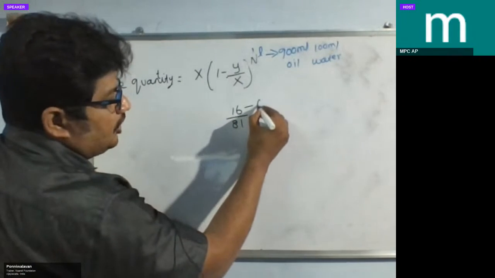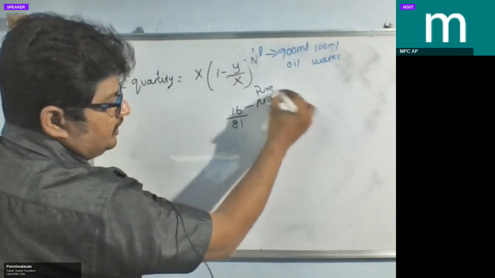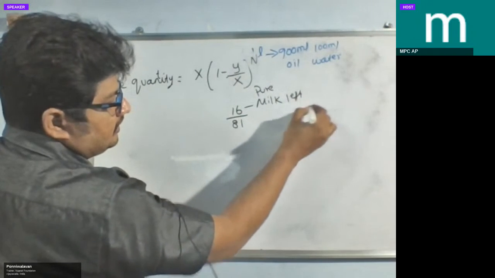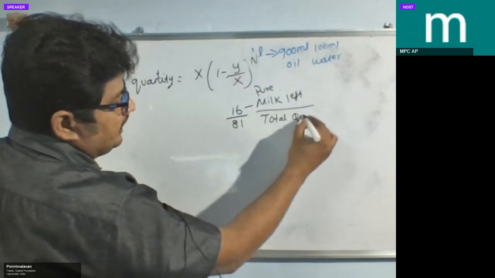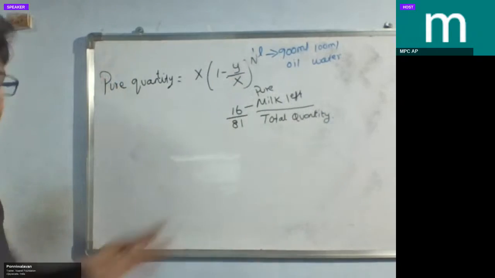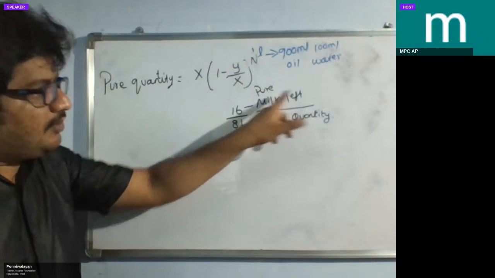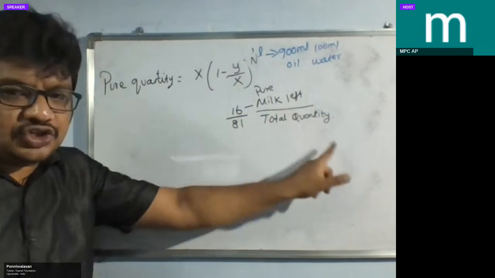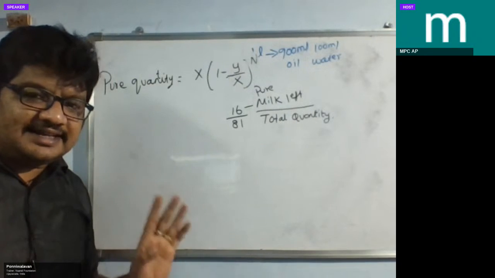This is pure milk left by total quantity. Are you able to get this? This 16 by 81 is pure milk left divided by total quantity. Yes or no?